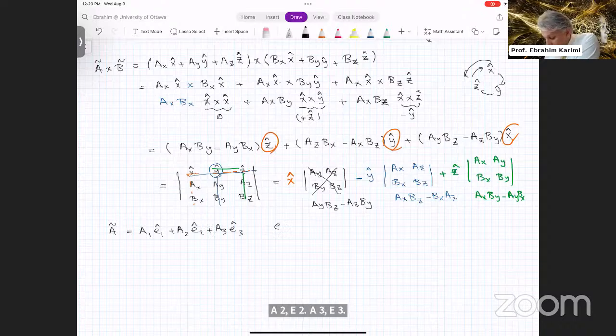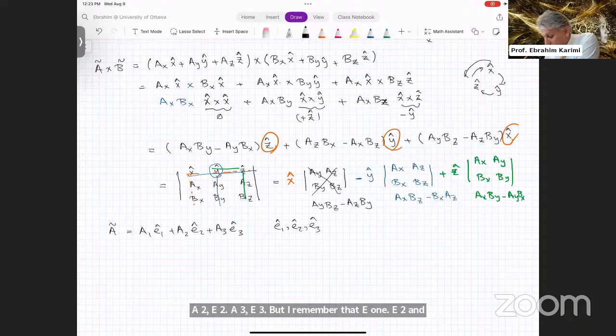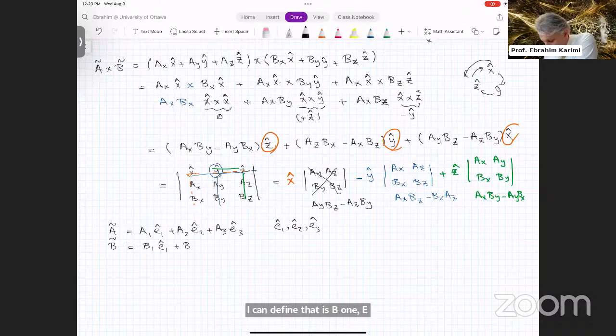But remember that E1, E2, and E3 are orthonormal, so they are orthogonal to each other and normalized to 1. And again, for B, I can define it as B1 E1 plus B2 E2 plus B3 E3.